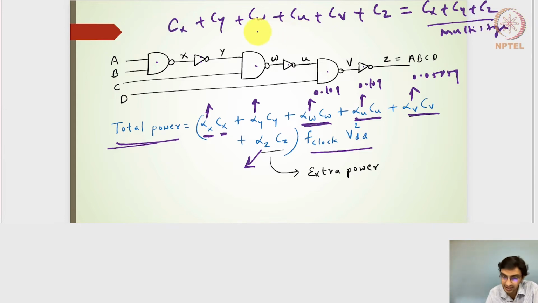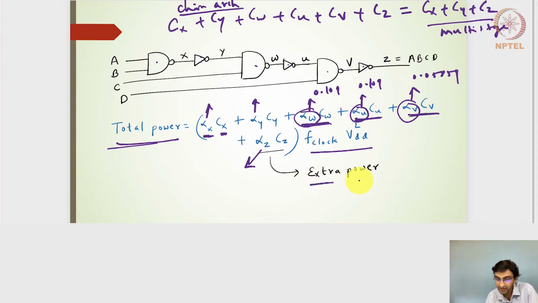So this is my multi-stage design, and this is the chain architecture design. Even if I say that all the parasitic capacitances seen at the internodes of both the circuits are the same, there is an extra alpha v, alpha u and alpha w, which is going to give an extra power.